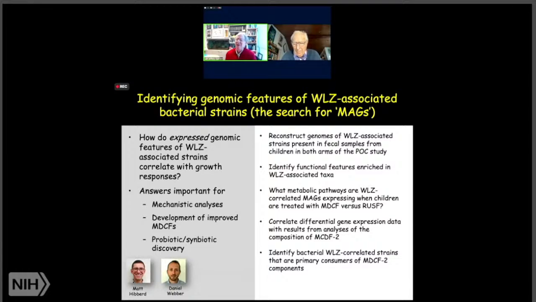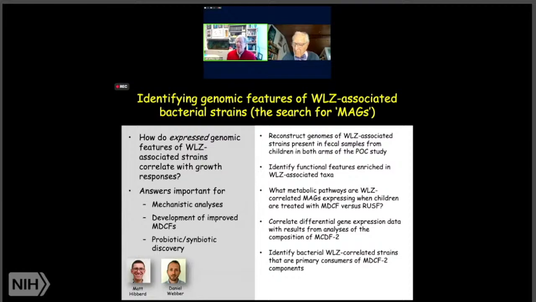So the tasks here are to reconstruct the genomes of WLZ-associated strains present in the fecal samples from children in both arms of the POC study, identify functional features enriched in these metagenome assembled genomes, or MAGs, and then to determine which bacterial pathways in these WLZ correlated MAGs are expressed when children are treated with MDCF2 versus RUSF, and to correlate these gene expression data with results of analyses of the composition of MDCF2 and the metabolism of MDCF2 by the microbiota.